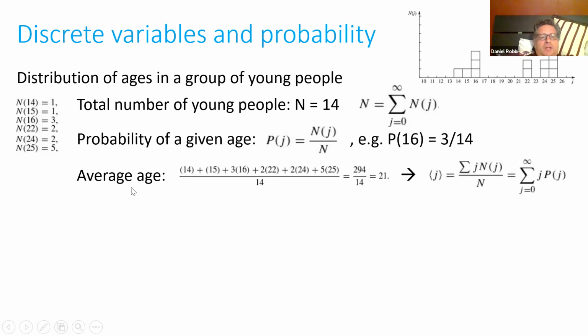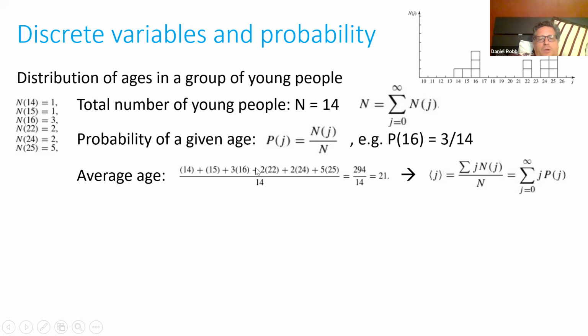And the average age is important because we often look at average quantities in quantum mechanics. So how would that work? Well, if we look at age 14, there's one person age 14, so we just add in 14. Age 15, there's one person, so we just add in 15. But there's 3 people with age 16, so we sum up 16 3 times, because there's 3 individuals here.